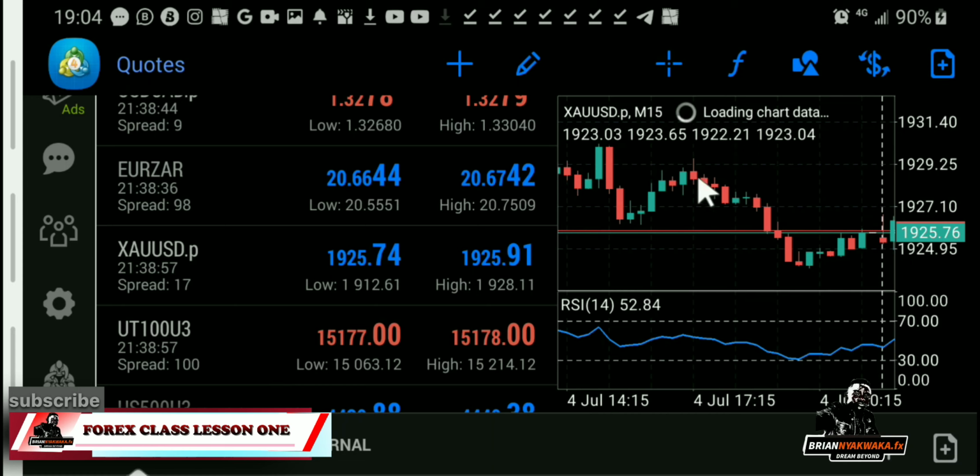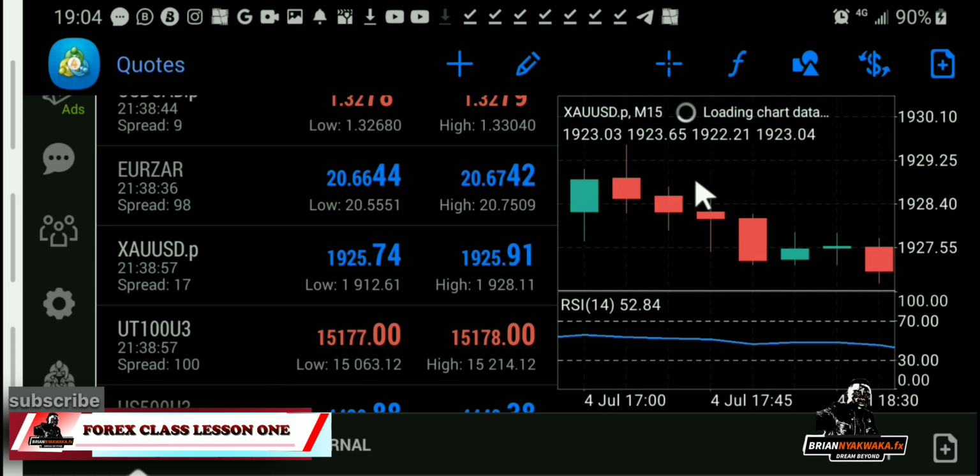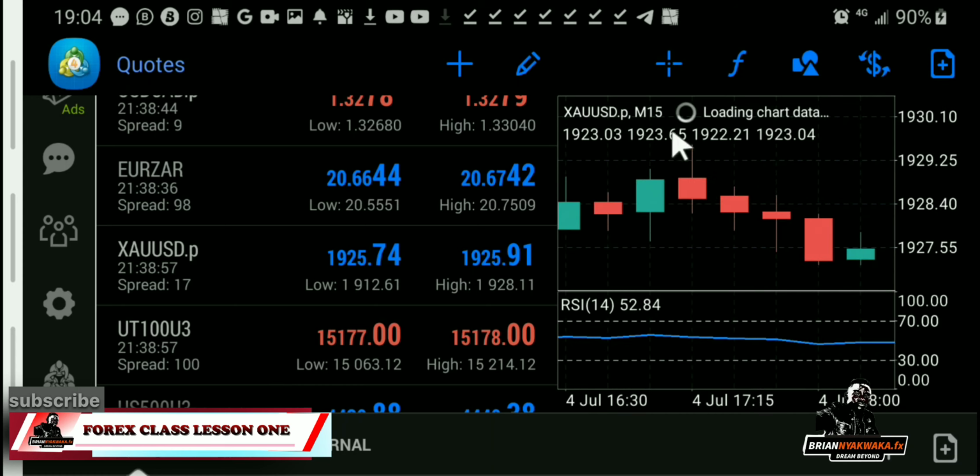So the candlestick with a longer upper wick shows us that at a point buyers were dominating the market, and due to some reasons we don't know, sellers overpowered buyers and closed the market downwards, and that's why you can see this candlestick has got an upper longer wick.